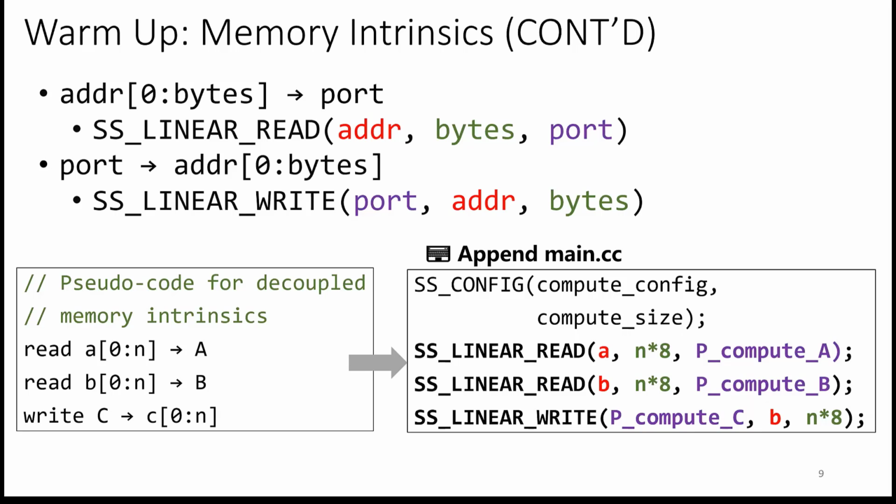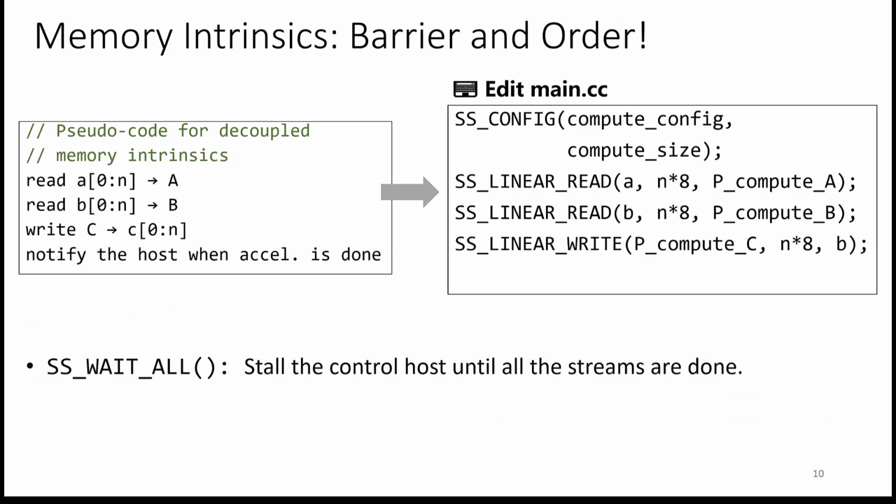So for now, we already decoupled the computation onto the spatial architecture and encoded the memory access in intrinsics. So what's next? What's the last missing piece to program a vector add? The last missing piece is how to synchronize between the spatial architecture and the control host.